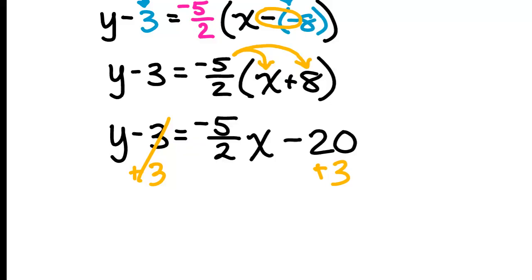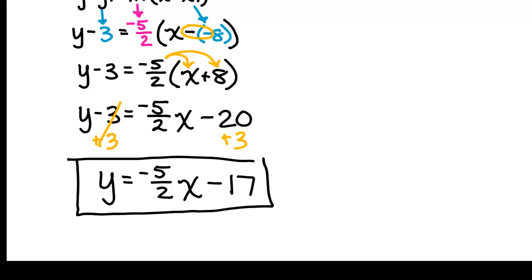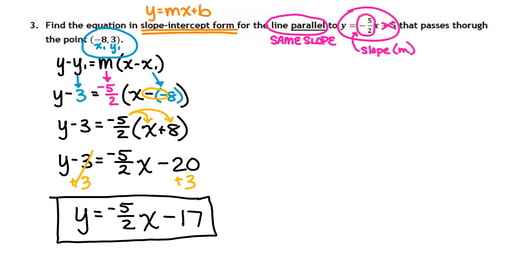So that would give me y equals negative 5 over 2x. And then what is negative 20 plus 3? Negative 17. Negative 5 over 2x minus 17.